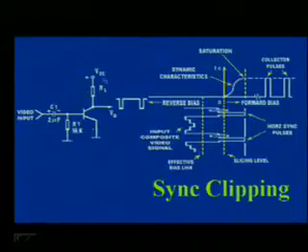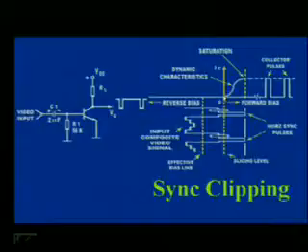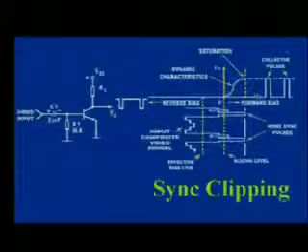The sync separator transistor is biased, and the biasing is done between the collector current and the collector voltage. In the linear portion of this curve, these pulses bring the transistor into conduction and the sync pulses are clipped and available for the horizontal oscillator or for the vertical oscillator.